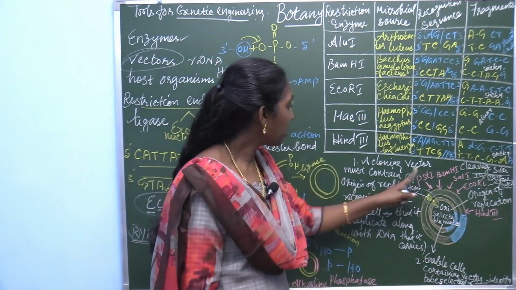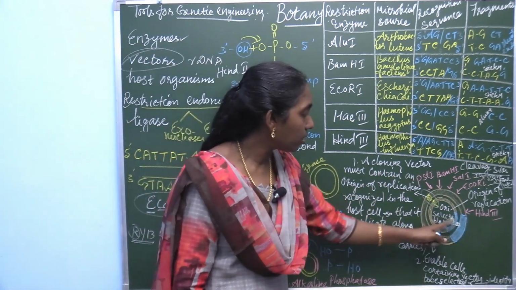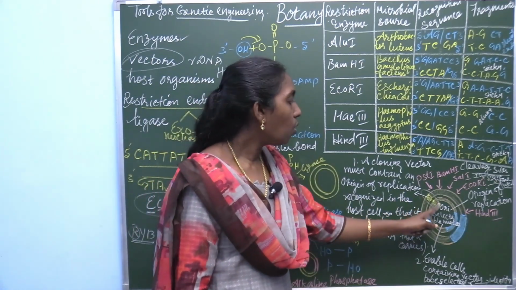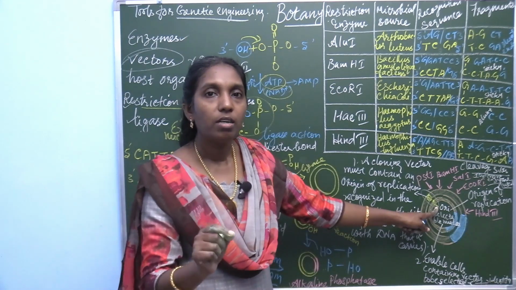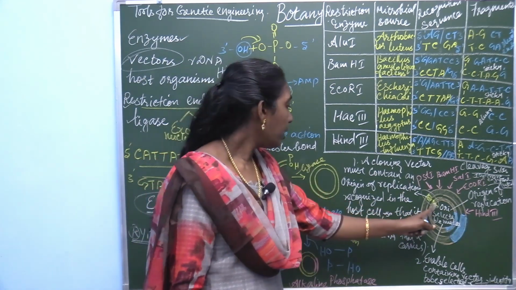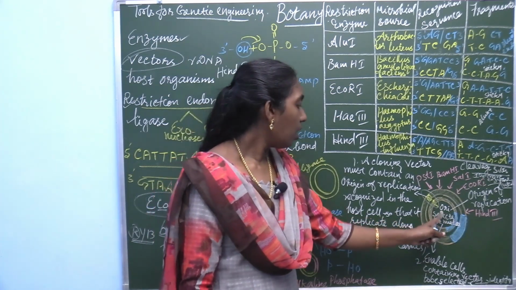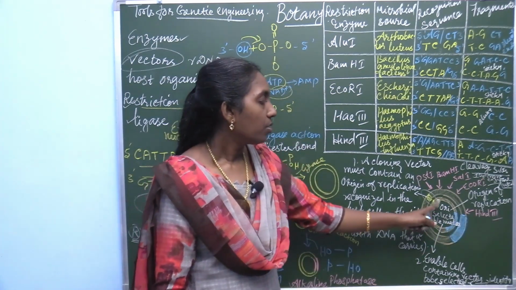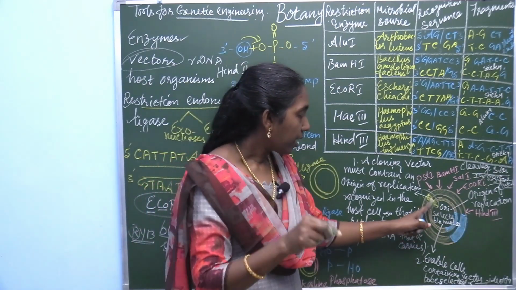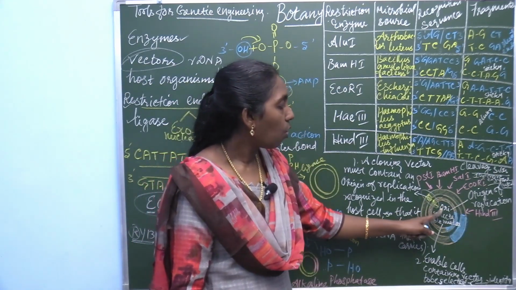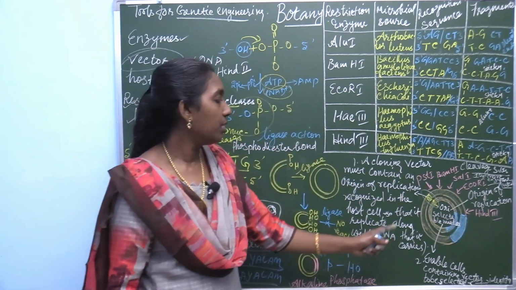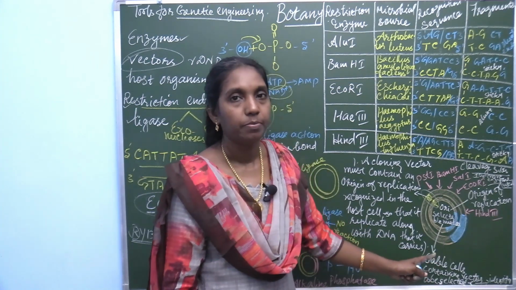A cloning vector must contain an origin of replication which is recognized in the host cell, so that it replicates along with the DNA that it carries. So this ORI, or origin of replication, is the main feature of this plasmid or vector.